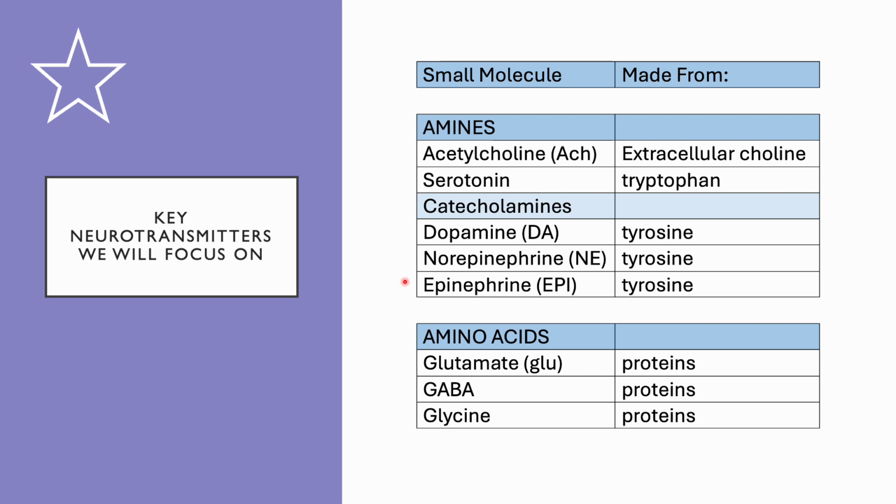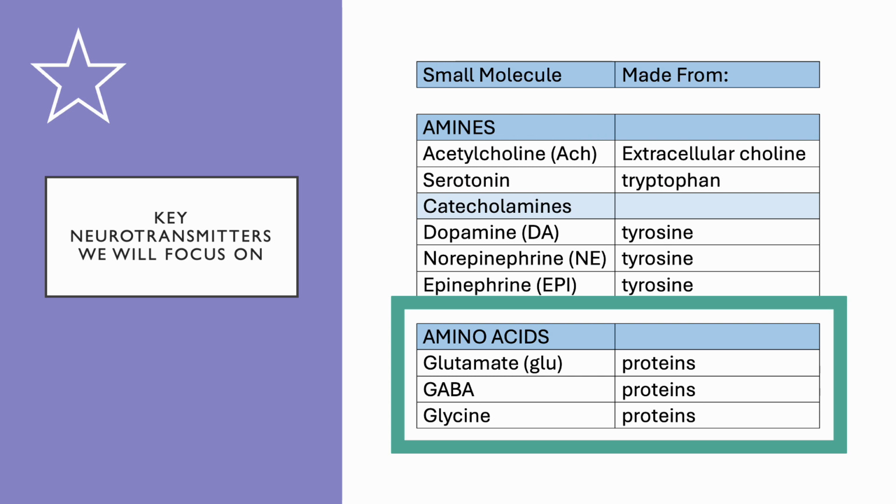We're going to go through each one individually. I also uploaded a link to this handout so you can print it out or keep it on your computer to study. But these are the amines and amino acids that you will need to know for the first exam. So let's go through these step by step.